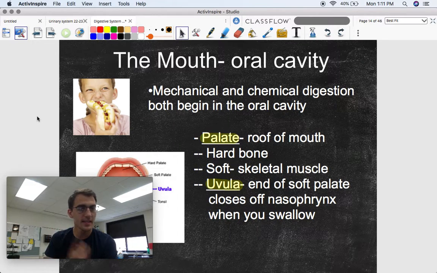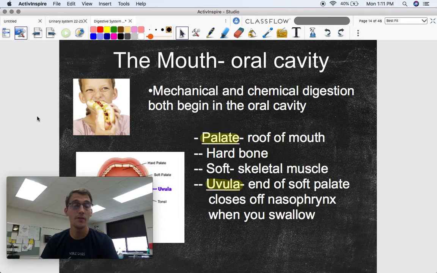The little dangly thing in the back of your mouth is called your uvula. Now you know, just in case a little kid asks, what is that? It's called your uvula. It's the end of the soft palate, and it closes off the nasopharynx, the part of the pharynx that is shared between the respiratory tract and the GI tract.